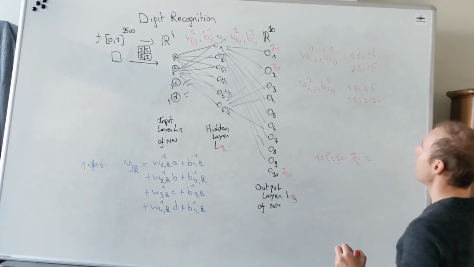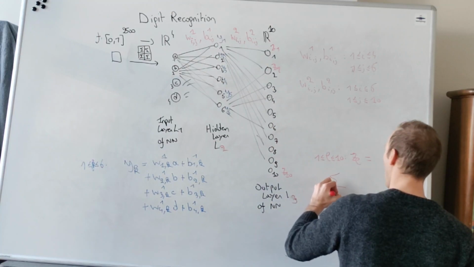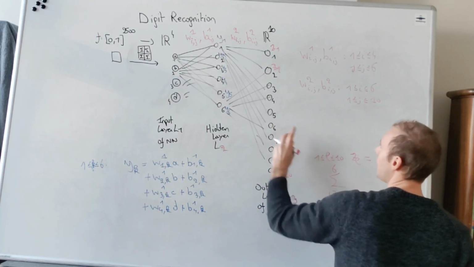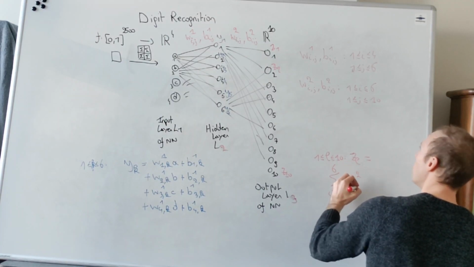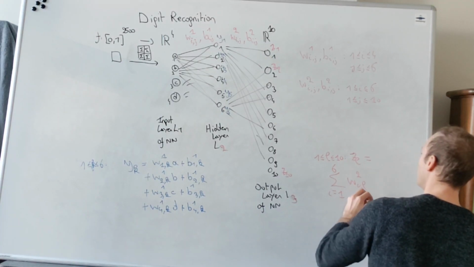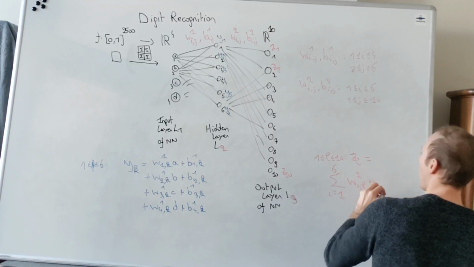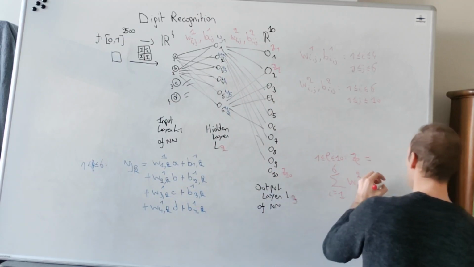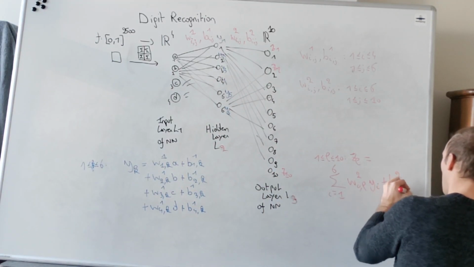This is nothing more than the sum from i is 1 to 6, because there are 6 nodes here, of w2_iL times y_i, which we calculated here, plus this b value here, b2_L.